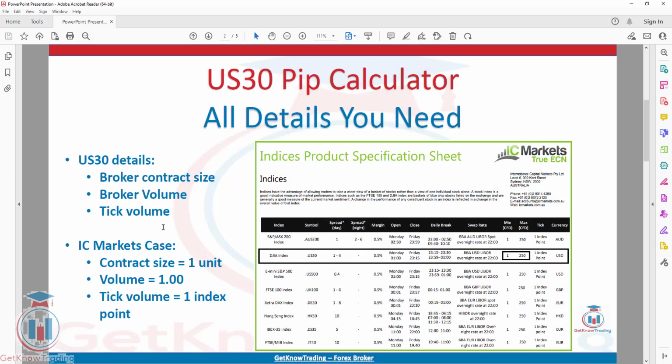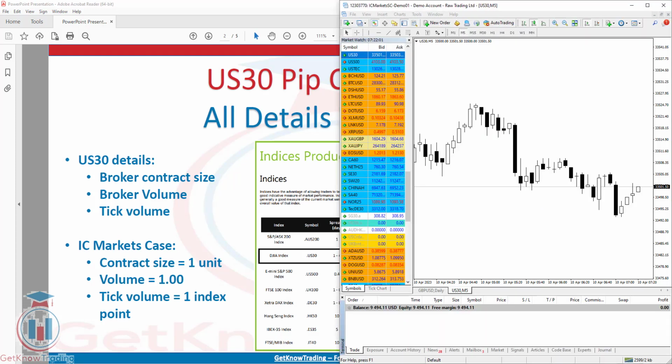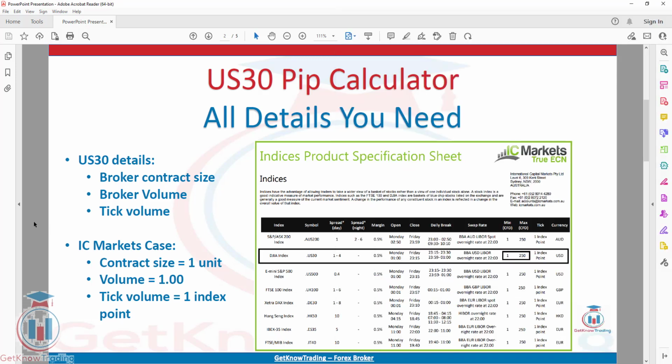I have used the IC Markets case because the trading platform I'm currently using is from IC Markets. In this case, the IC Markets broker defines that the contract size is 1 unit and the volume is 1. This is information that you can see on the right side, where IC Markets has provided its traders a product specification sheet.